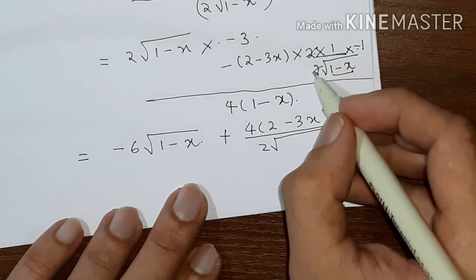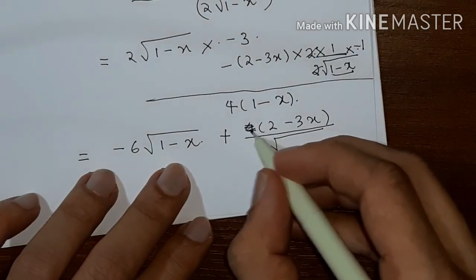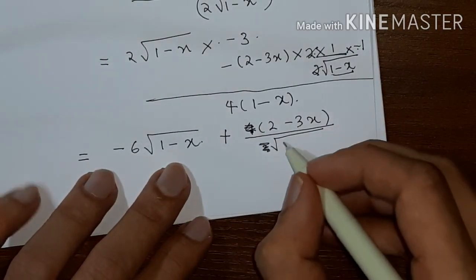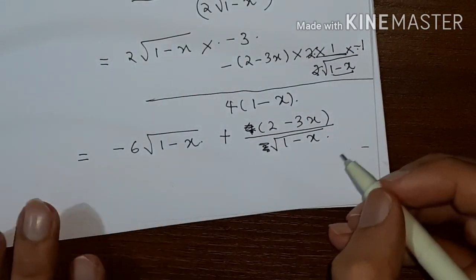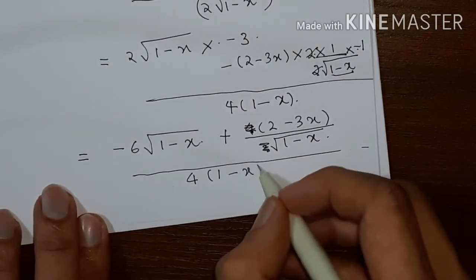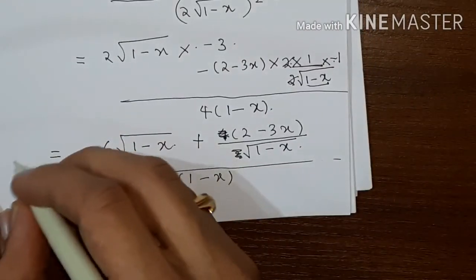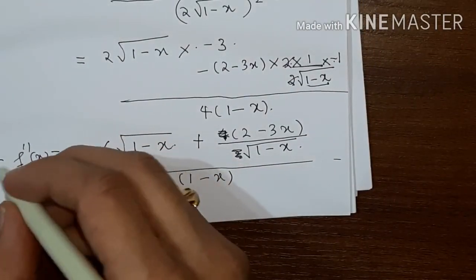So this 2 and 2 get cancelled, and so there is no 4 and there is no 2 here, and root of 1 minus x divided by 4 multiplied by 1 minus x. So that is nothing but f double prime of x.